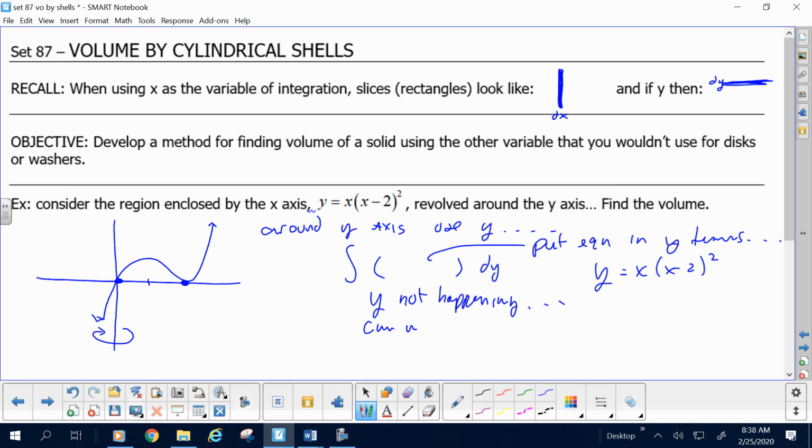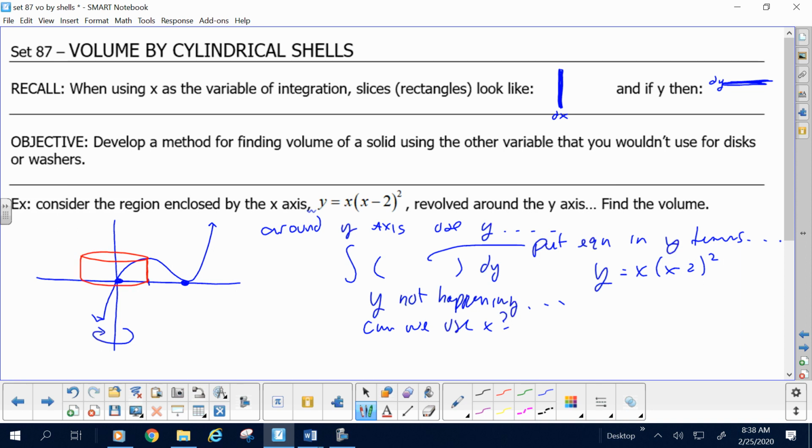Can we use x? Well, let's consider if we use x. What would the slice look like if we use x? X right there. So this kind of slice, yeah? Now, if that slice is revolved about the y-axis, then it would look something like that, yeah?